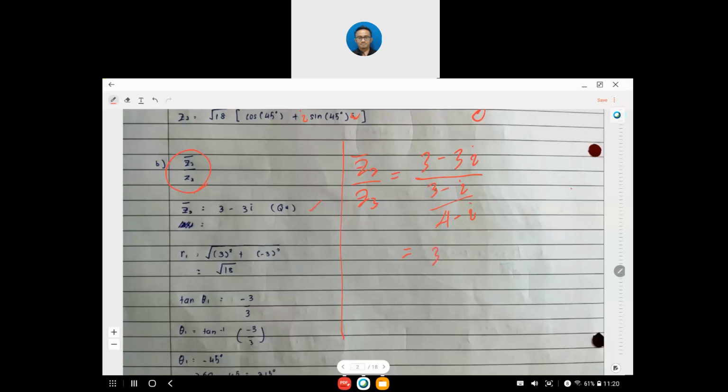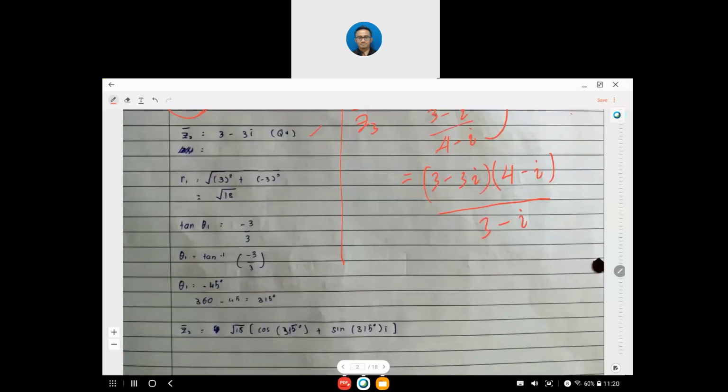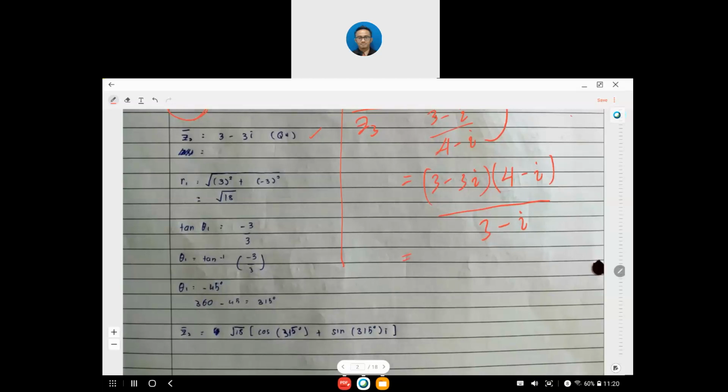3 minus 3i times by 4 minus I divided by 3 minus I. Okay, yang ni boleh naik atas. Okay, so this one, you expand yang ke atas dulu.